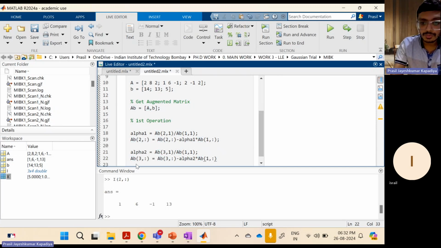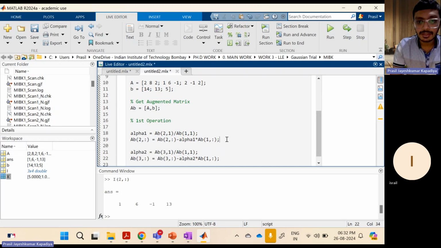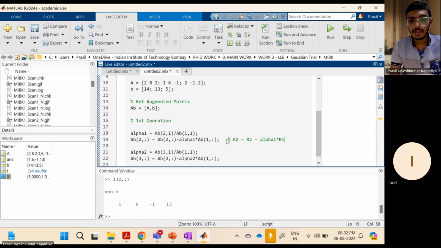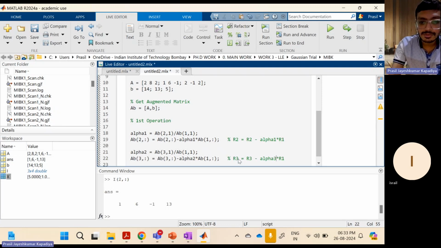For better explanation, you can put one comment here saying R2 is equal to R2 minus alpha 1 into R1. This is just for understanding. Similarly, R3 is equal to R3 minus alpha 2 times R1.